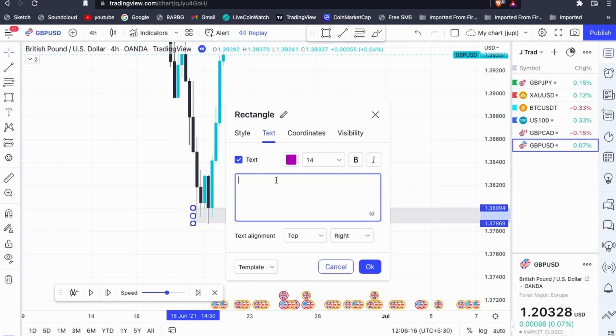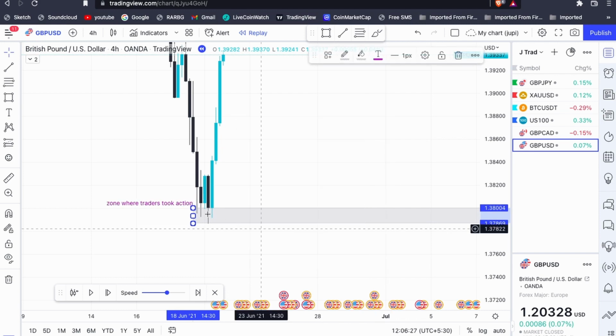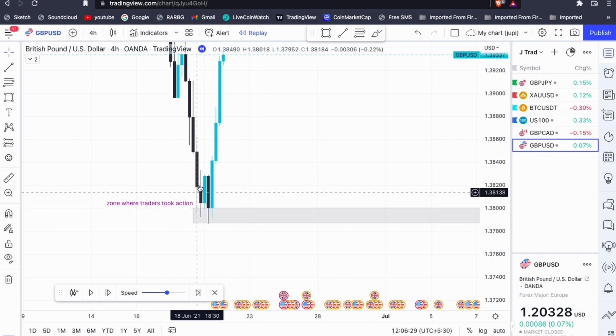This is a zone where traders took action. Here a lot of traders took action, because as you see here, the bodies, as soon as they enter into this zone, they are getting rejected and wicks are getting formed, right?